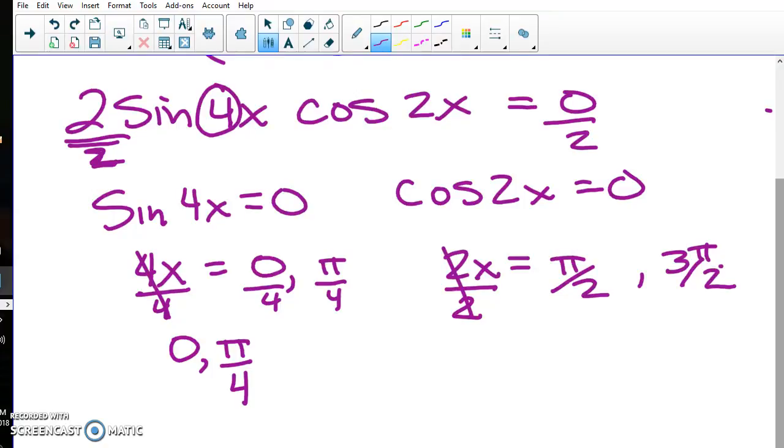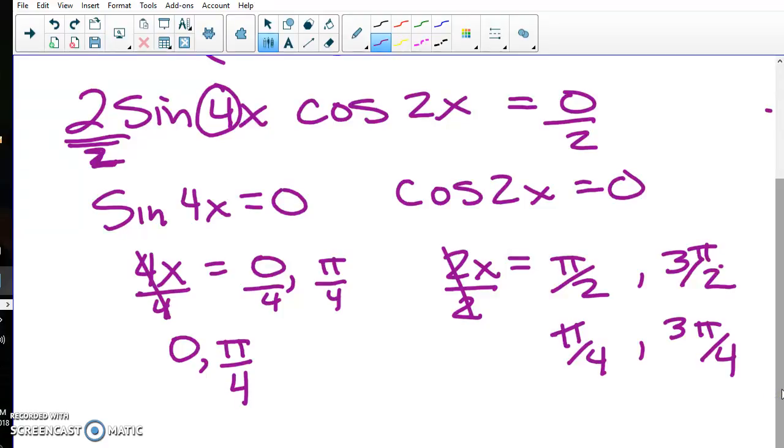So x is equal to, dividing both by 2, we would get pi over 4, and we would get 3 pi over 4. And 89, I don't see that answer either. I'll go check that and make sure we're good.